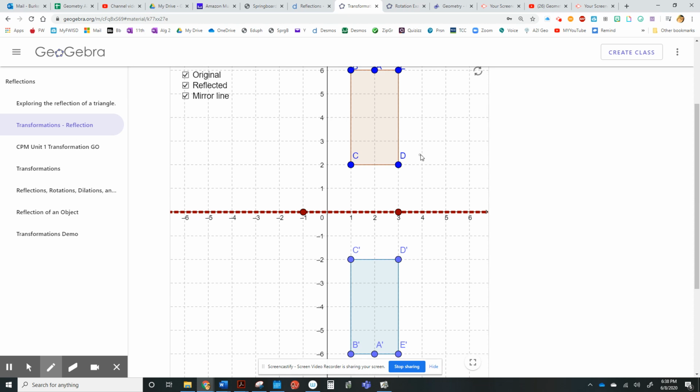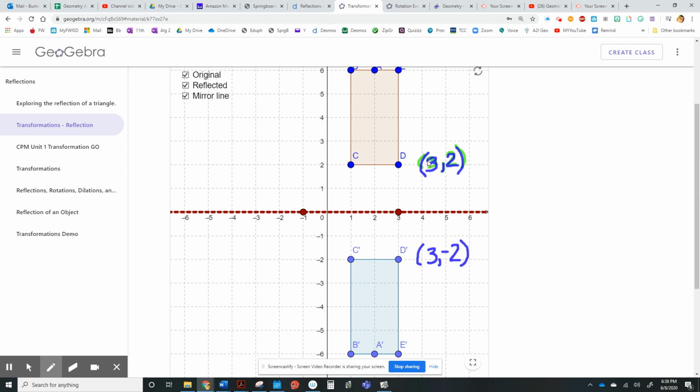So this original graph, this point D right here was at 3, 2, and I probably need to change color because I know some people are having a hard time seeing. 3, 2. Okay, and D prime ended up being at 3, -2.